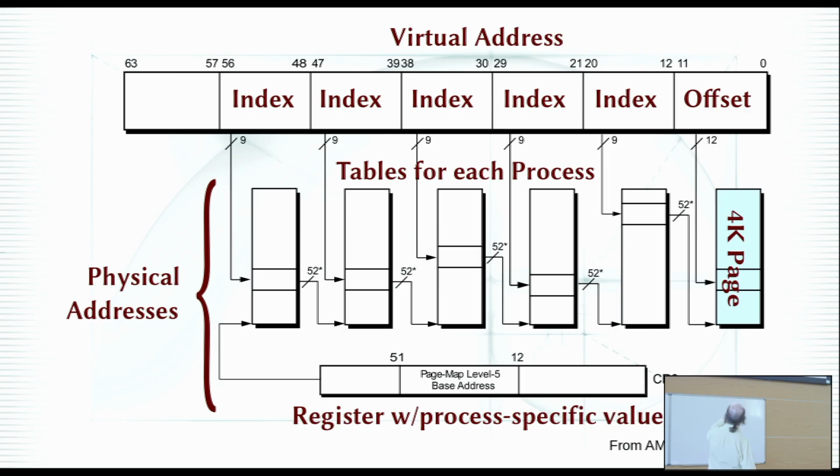But you do have your 2 megabyte and your 1 gigabyte page sizes as well. And I fully expect that we will see the day when there is a 512 gigabyte page size. We'll see if that comes about or not.